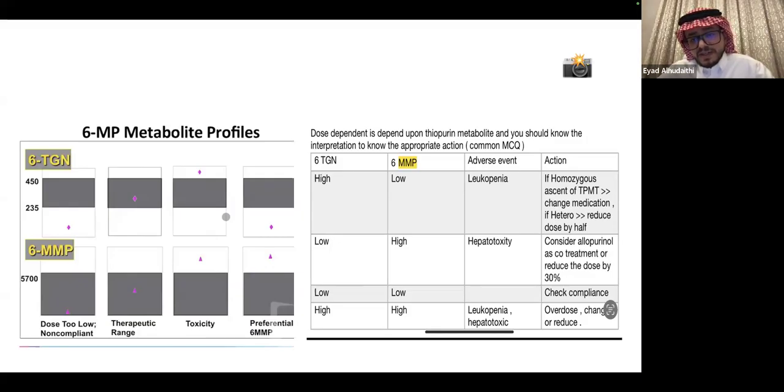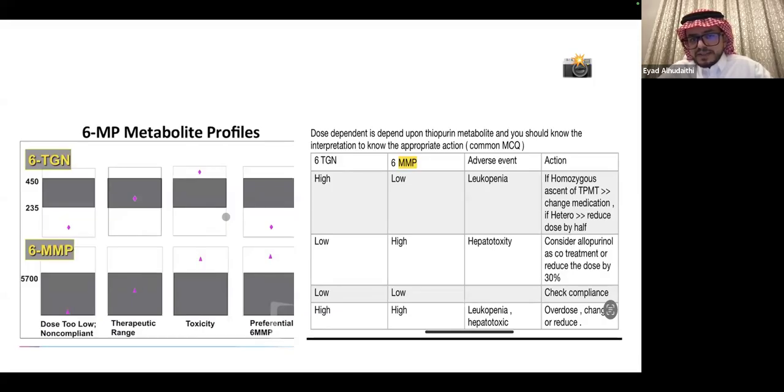Also, I found the table on the right very important and a common MCQ topic. You should be familiar with how to interpret and react to the azathioprine metabolites in terms of 6-TGN and 6-MMP.